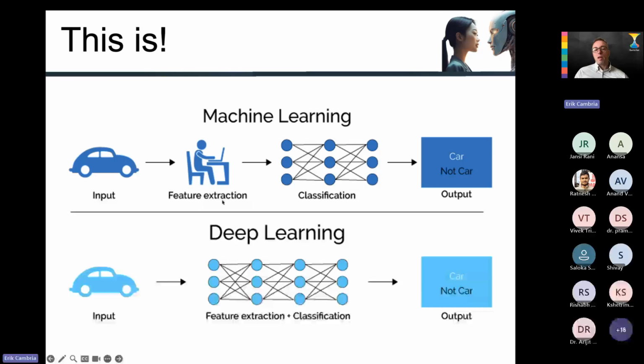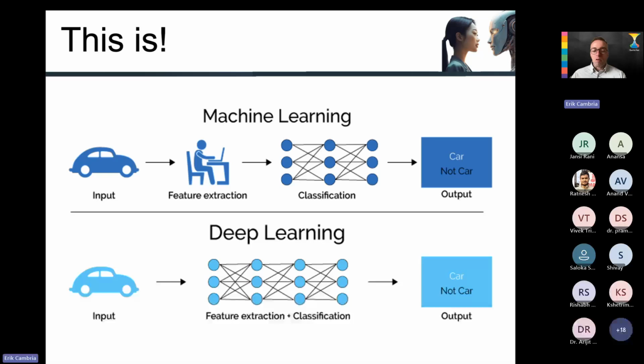Now, since I don't have the feature extraction anymore, I need many more examples, because if I have too few examples, the thing won't work. I need a lot of examples to understand what are the good features and the bad features. So this is one big limitation of using a deep neural network: you need so much more training data than you needed before.